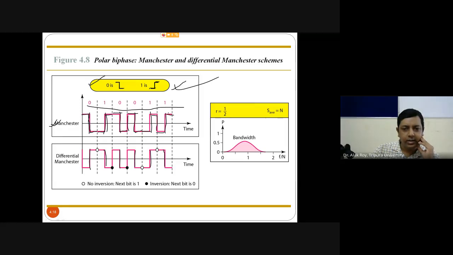Draw the signal, and then what are the rules given to you? No inversion when next bit is 1. Inversion when next bit is 0.